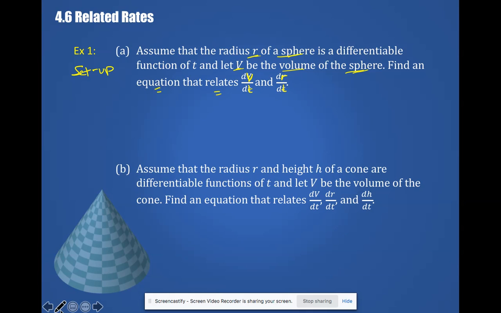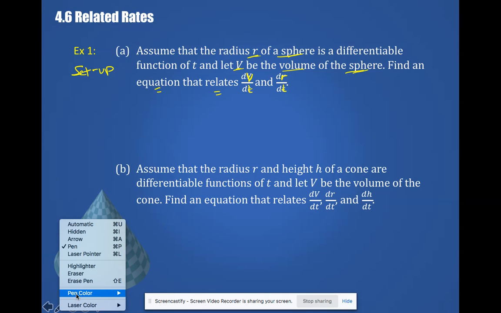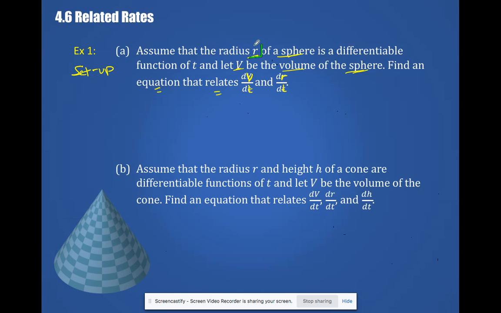So your job is to look at the two things that they gave you, and make an equation with V and r in them, the volume of a sphere. I will give this to you, and so will AP. You don't have to memorize this one. There is your equation.